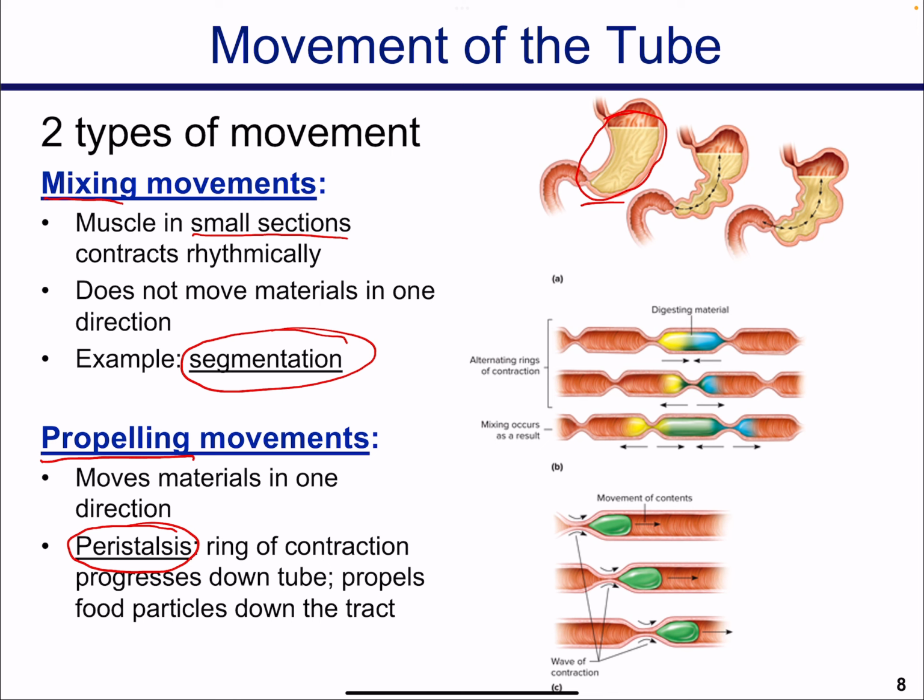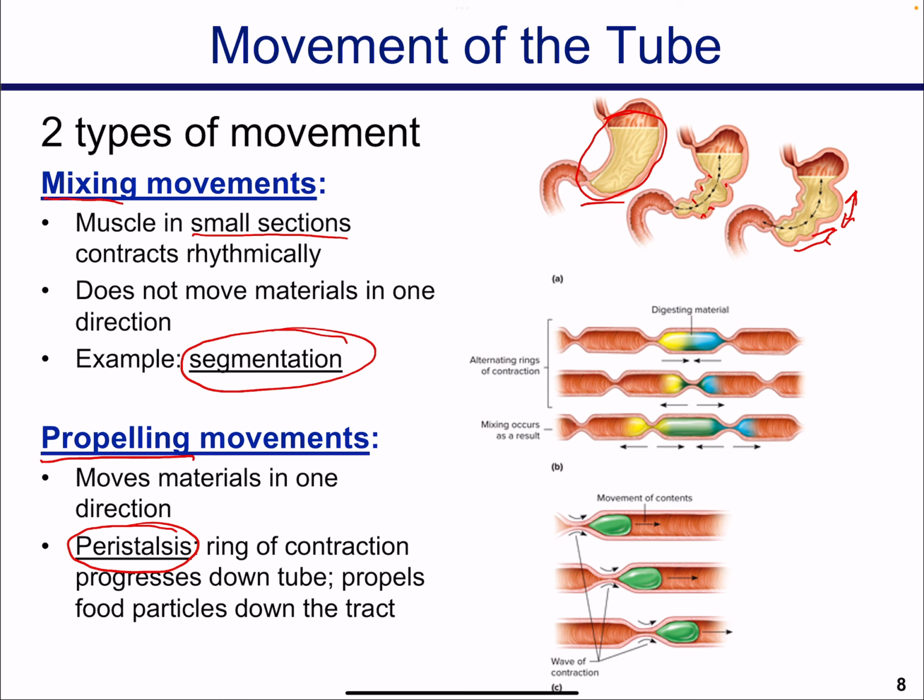You have a number of movements here. You see the contraction of the stomach and also the movement moving like this or like this, and then the segmentation movement. So we have the segmentation movement and the peristalsis movement.